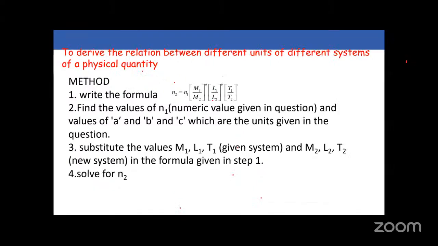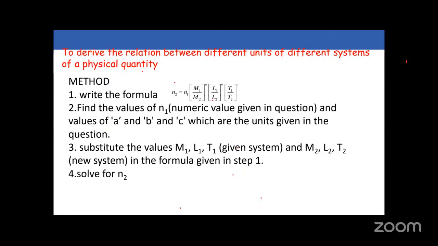Remember that physical quantities are represented in two parts. That is, when measurement is done, it has a numeric part and an alphabetical part.